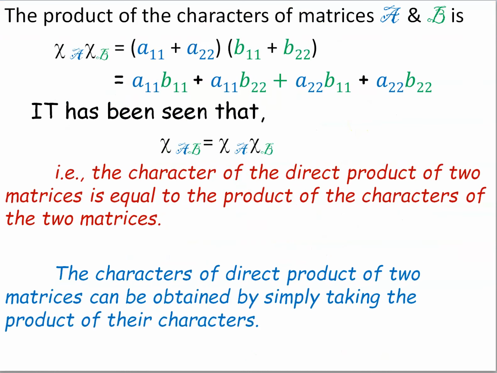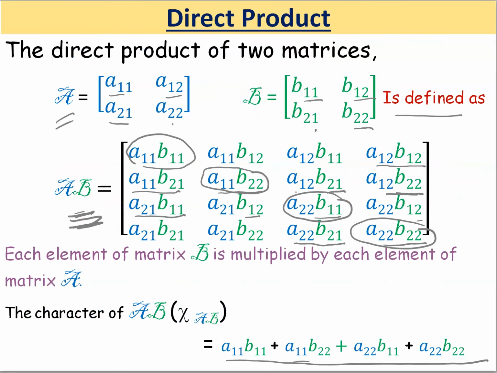So the product of the characters of matrices A and B separately is A11 plus A22 for the character of matrix A, into B11 plus B22 for the character of matrix B. Multiplying this, we get A11 B11 plus A11 B22, next A22 B11, A22 B22, the same as the character of the matrix AB.